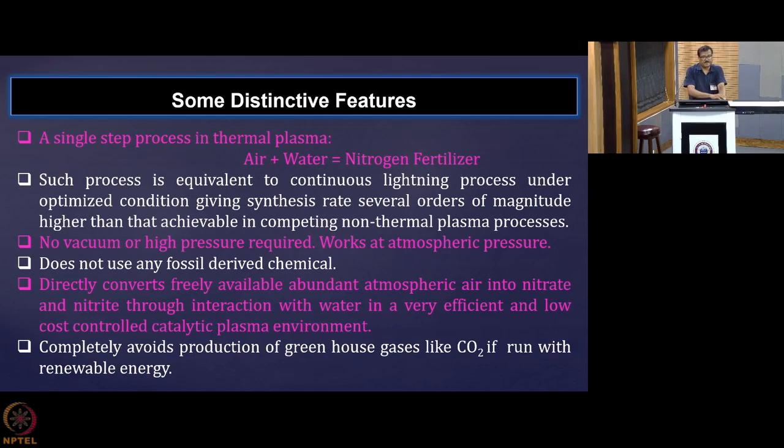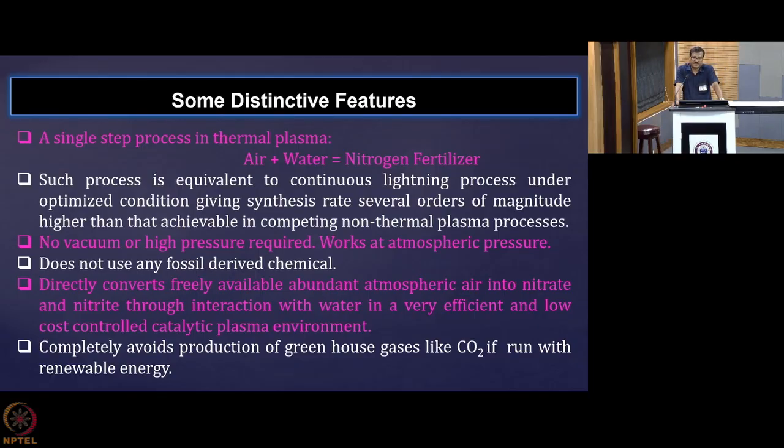Some distinctive features of this application: a single-step process in thermal plasma, where air plus water just gives the nitrogen fertilizer. Such a process is equivalent to continuous lightning under optimized conditions, giving a synthesis rate several orders of magnitude higher than that achievable in competing non-thermal plasma processes.